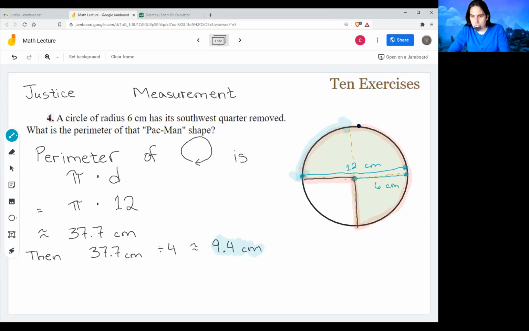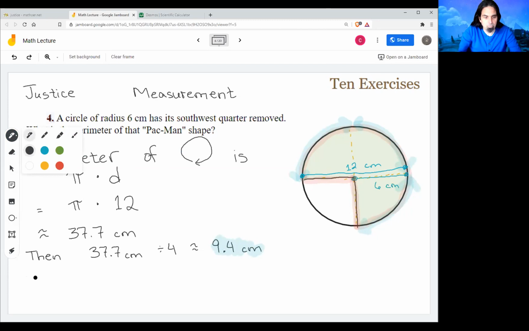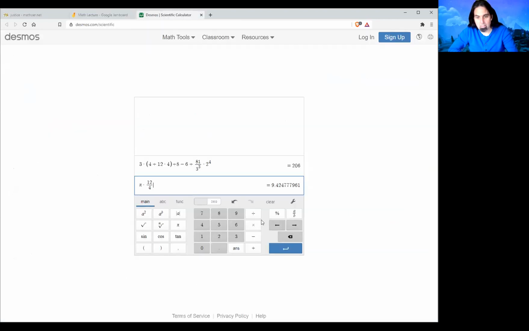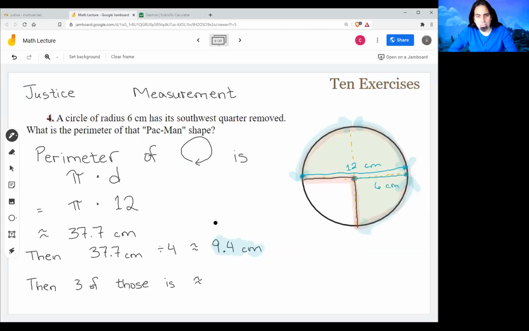So we have one of those. We have another one of those. We have a third one of those. So 9.4 times 3, we're up to about 28.8.